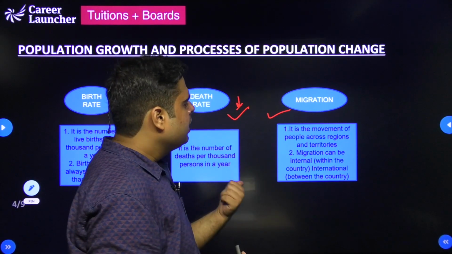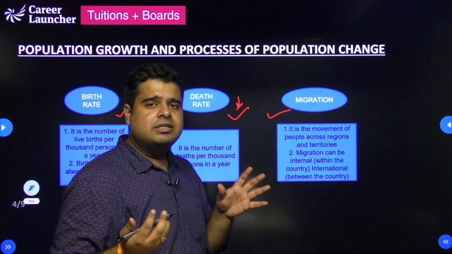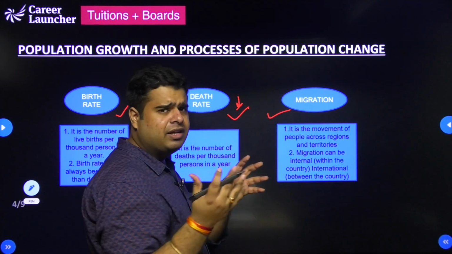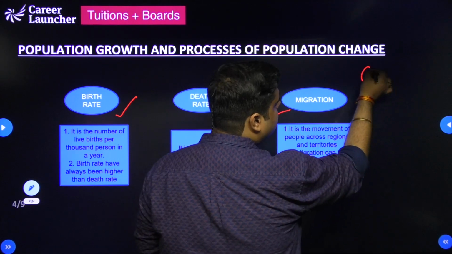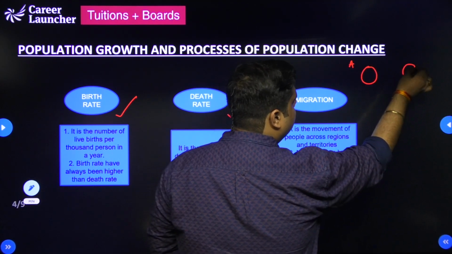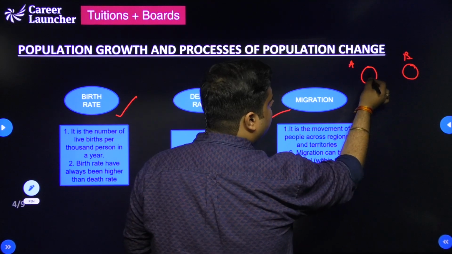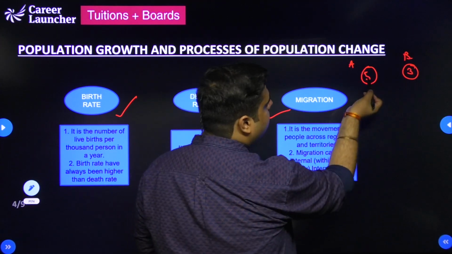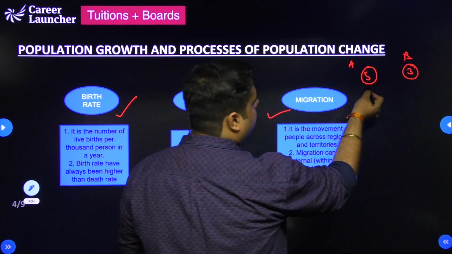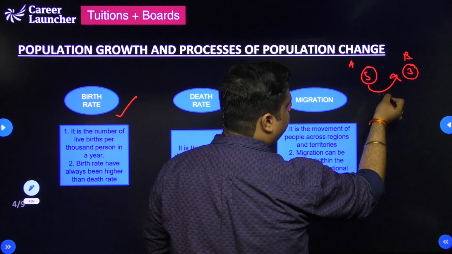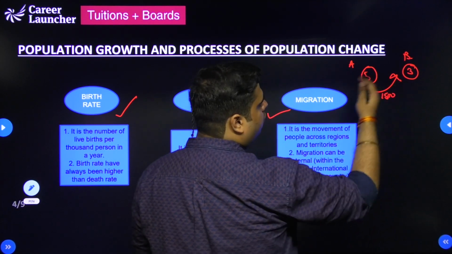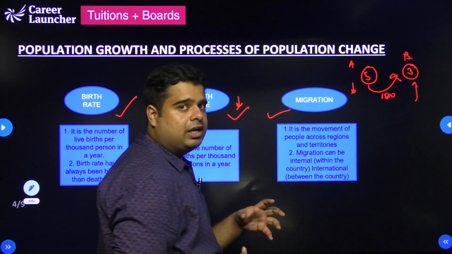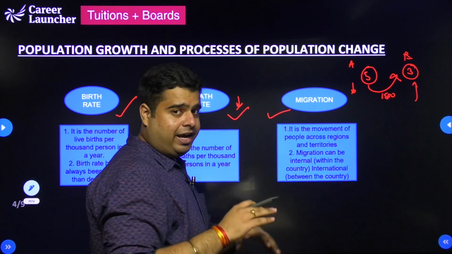Let's understand migration. Migration is the movement of people from one place to another. Let's understand it with a short example. Suppose this is a geographic pocket A and this is a geographic pocket B. A has 5,000 people living in it and B has 3,000. Over a period of 5 years, 1,500 people migrate by leaving A for B. This changes the population dynamics.